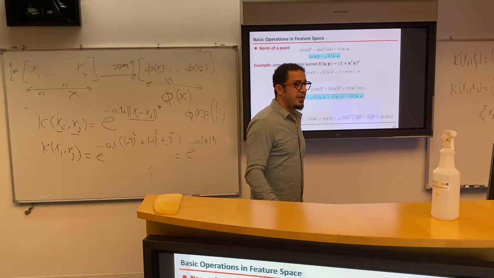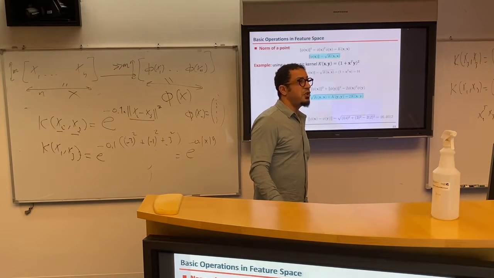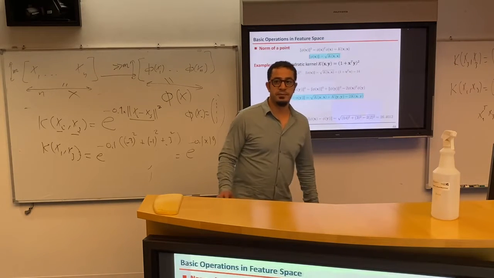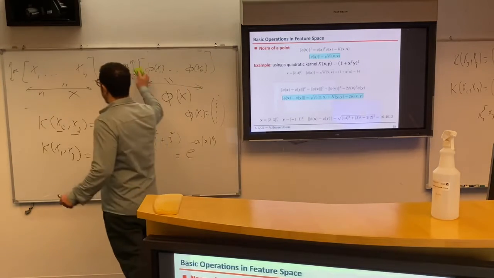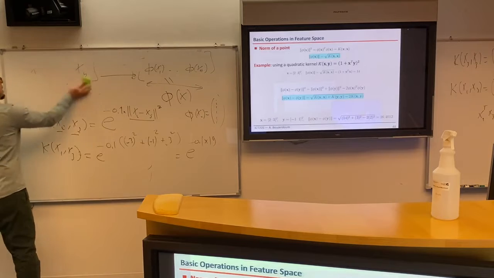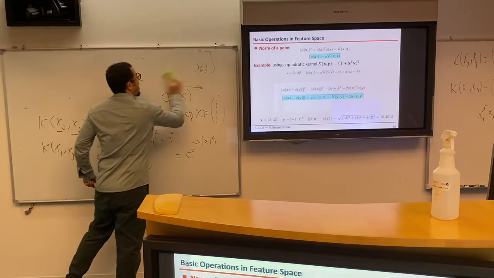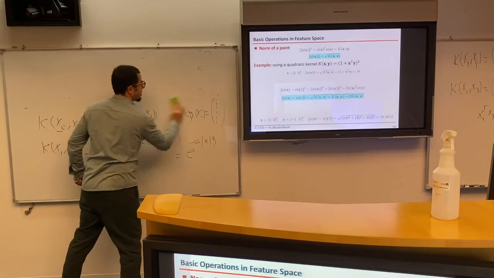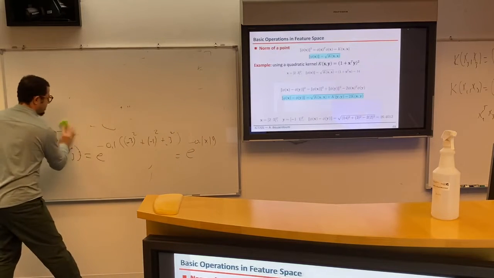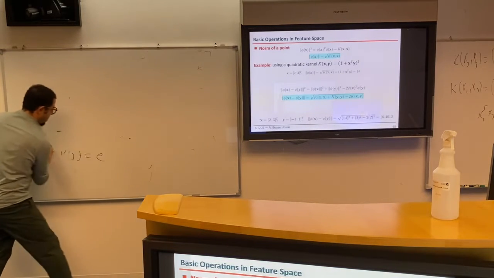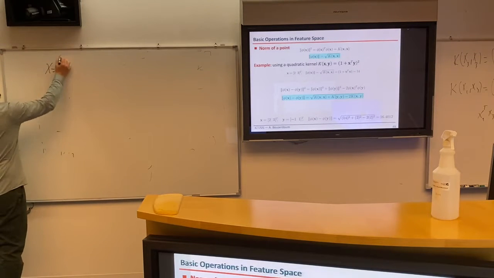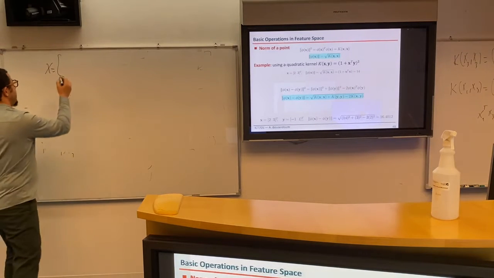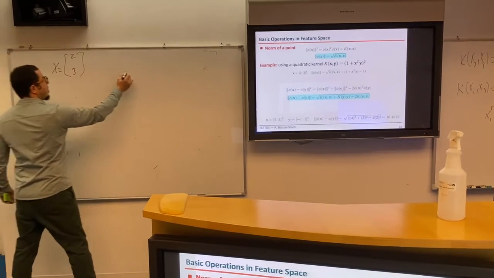Example here, if you have x equals 2, 3, what is the norm of x? I'm just preparing you to get ideas. What is x here? 2 and 3, right?